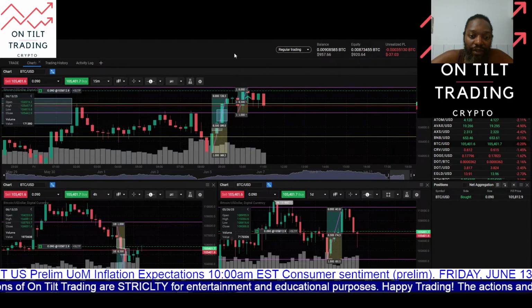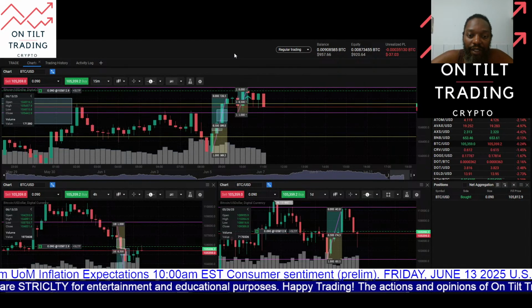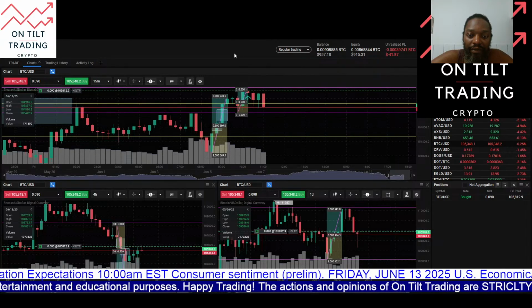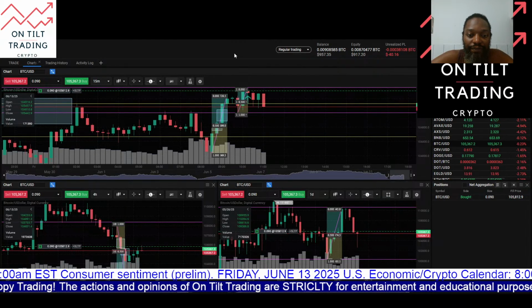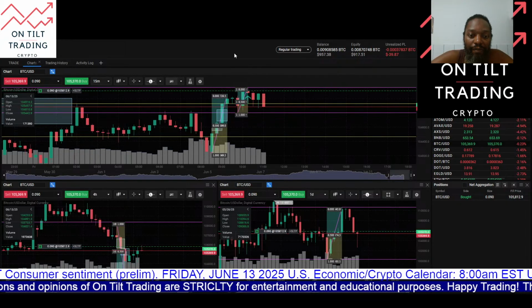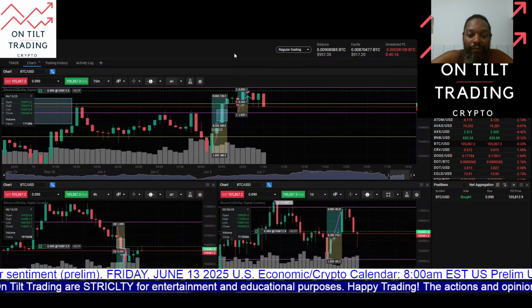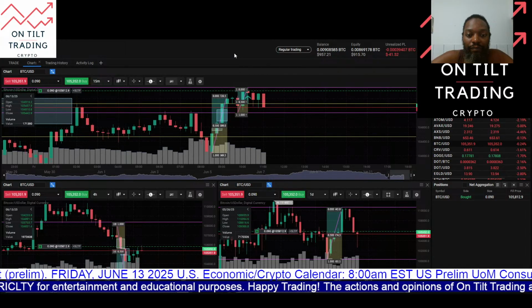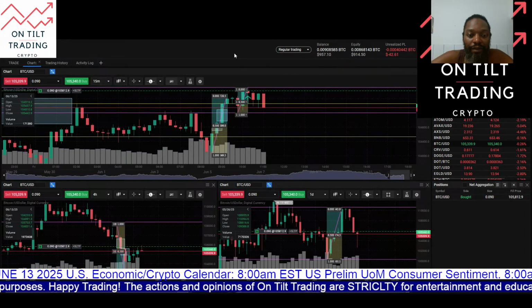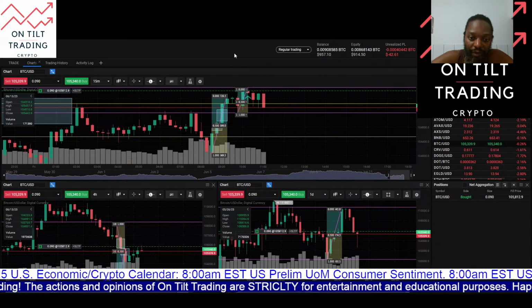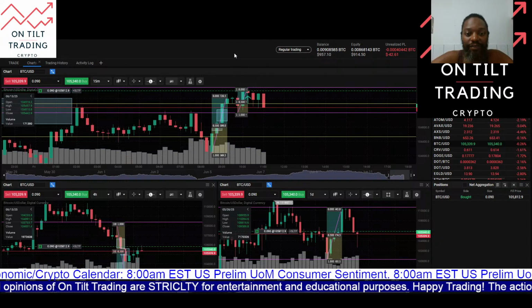I believe that's where the reaction was coming off of that previous candle, and now getting a reaction here, similar to the previous candle. This time selling instead of buying off of this reaction.